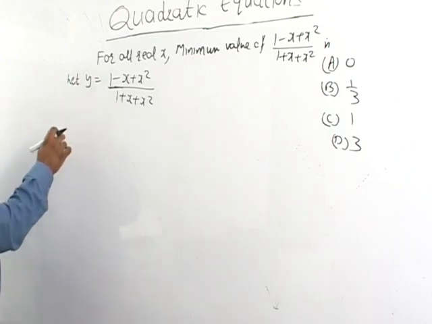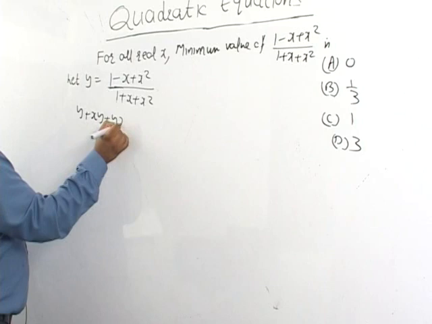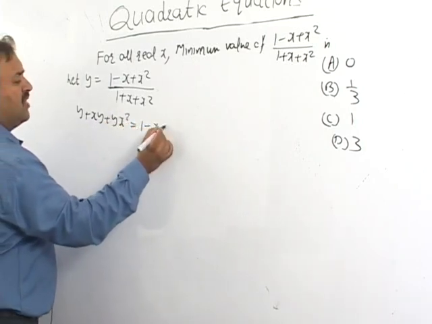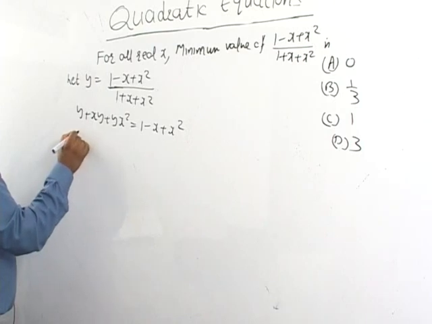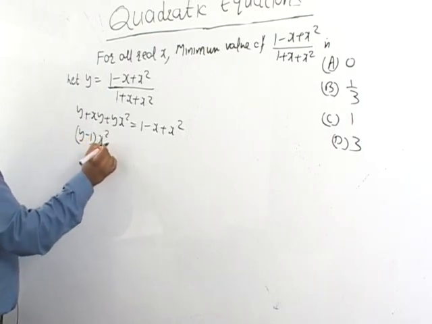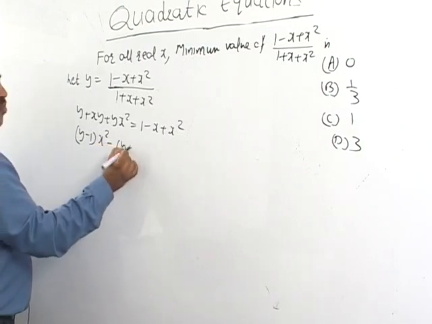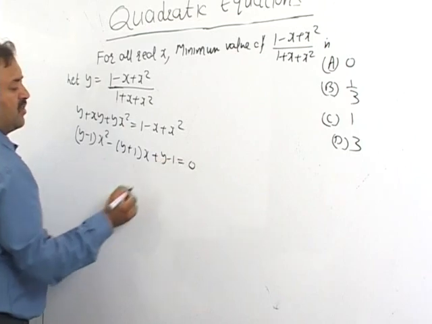Cross multiplying over here, it is y plus xy plus yx square equals 1 minus x plus x square. Now rearranging, we make a quadratic in x: (y minus 1) x square plus (y plus 1) x plus (y minus 1) is equal to 0.